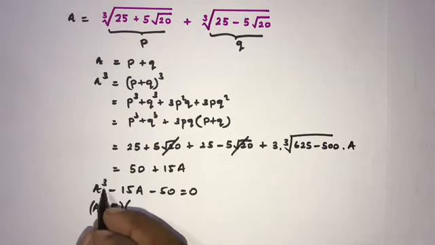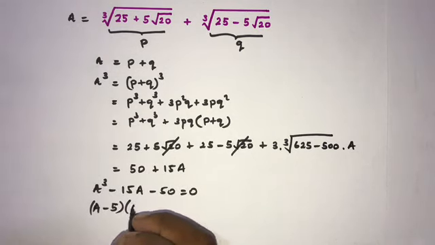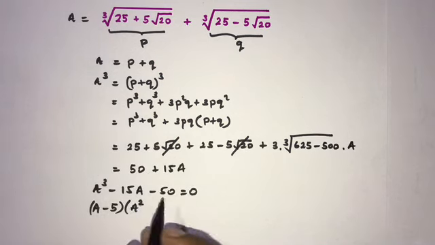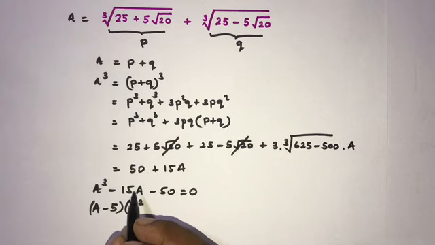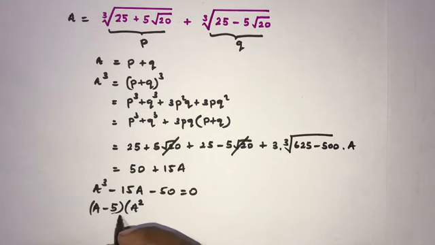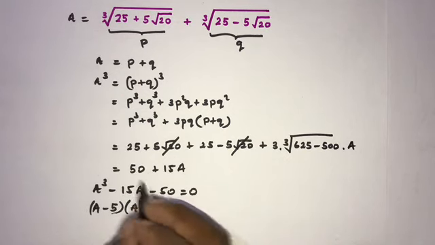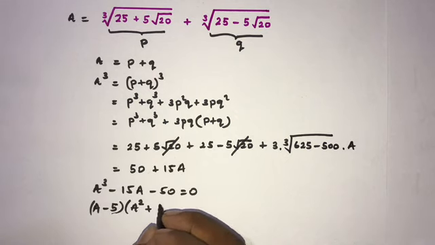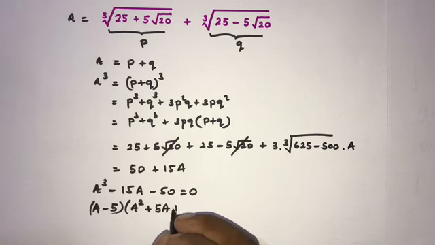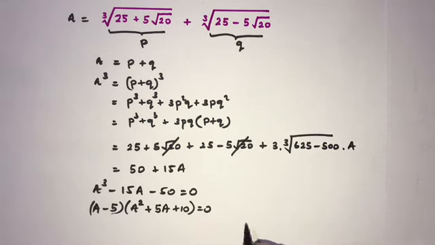Then a times a squared gives a cubed. Now here minus 5 times a squared, but we have no a squared term, so plus 5 times a, then minus 50, so minus 5 times plus 10 is equal to 0.